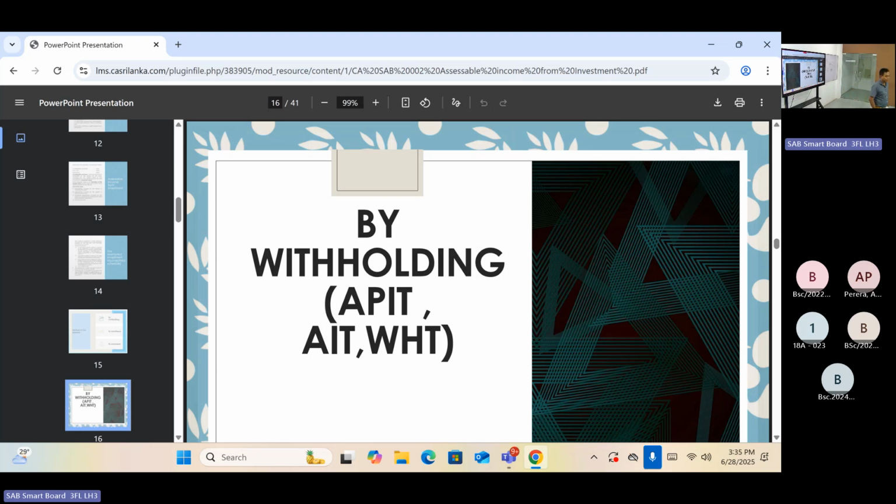Withholding can happen where there is a payment. The payer can hold the tax. The tax can be held by the person who makes the payment. At the time of payment, he can hold the tax. Otherwise, there is no way to hold anything.